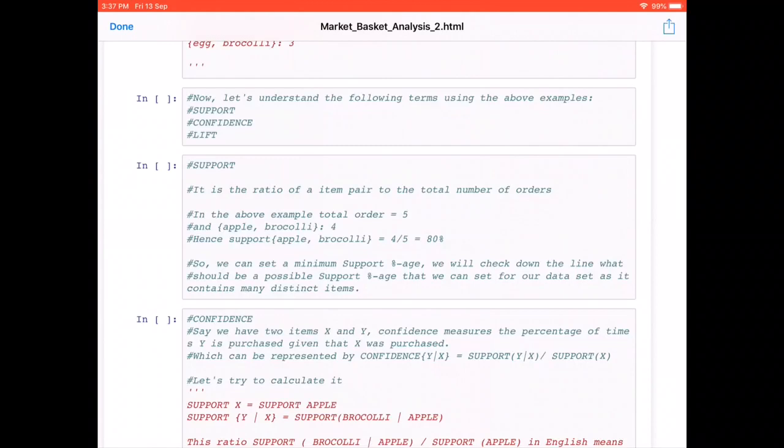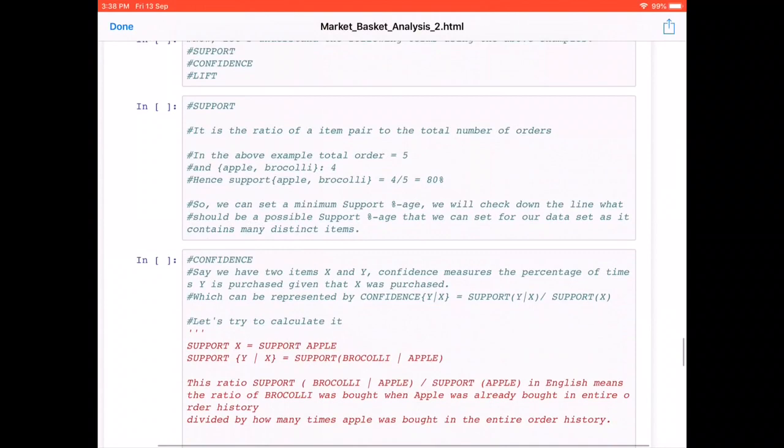So support gives the ratio of the number of times the pair of apple and broccoli occurred within the entire order history, which means apple and broccoli should be in the same order, of course. Divided by the total number of orders, that is 4 out of 5. That means 80% of my orders had this combination, apple and broccoli. That is support, very straightforward.